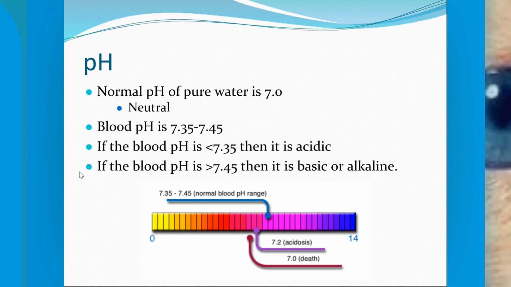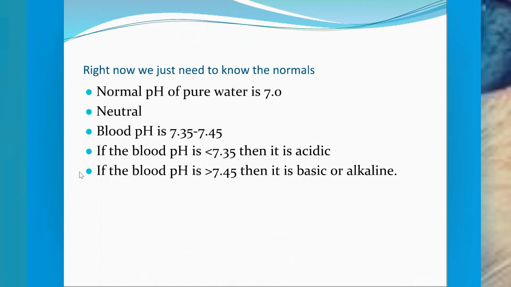There are two different systems that we're looking at, whether it is metabolic or respiratory, so that we can determine that. Right now we know the normals: normal pH for blood is 7.35 to 7.45.